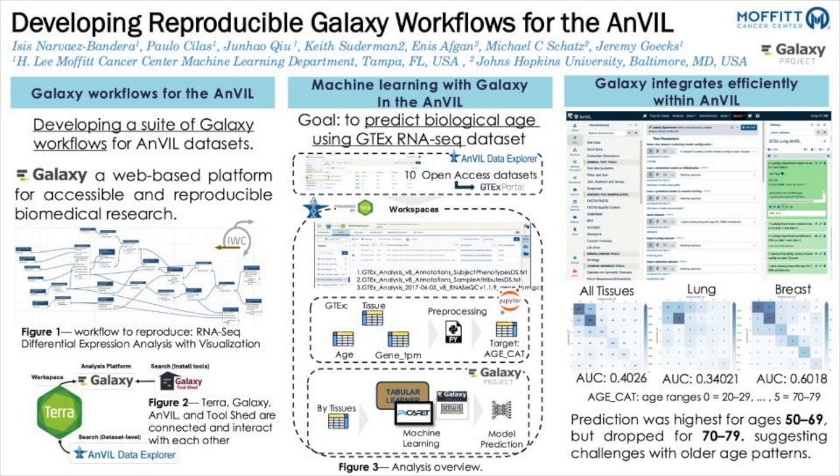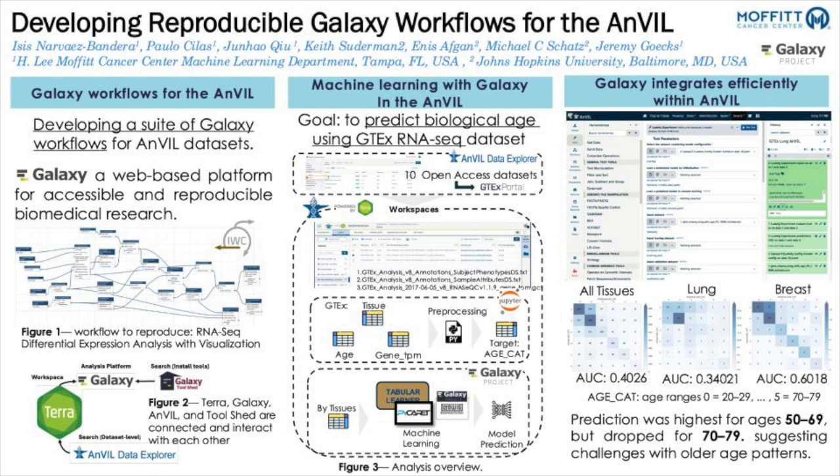In this use case, we focus on predicting biological age using RNA-seq data from the GTEx platform. We preprocess the data using Jupyter Notebook within an AnVIL workspace, and we trained the model using Tabular Learner and LogBin from Galaxy. We tested the models across 3 tissues: all tissues, breast tissues, and lung.